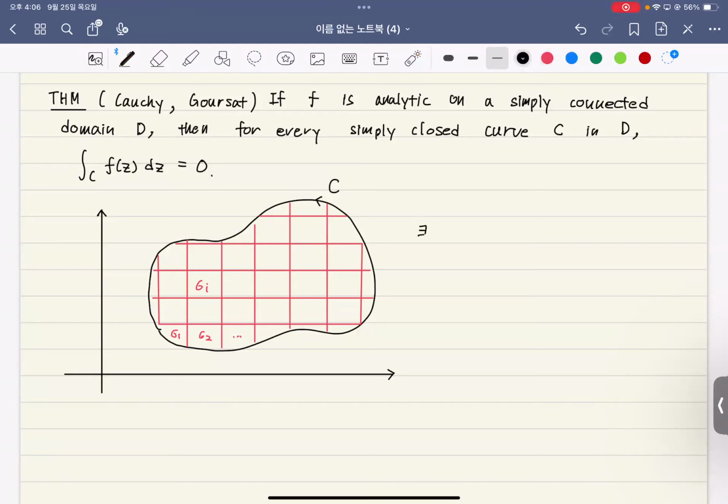So I can find finitely many squares that cover the region.